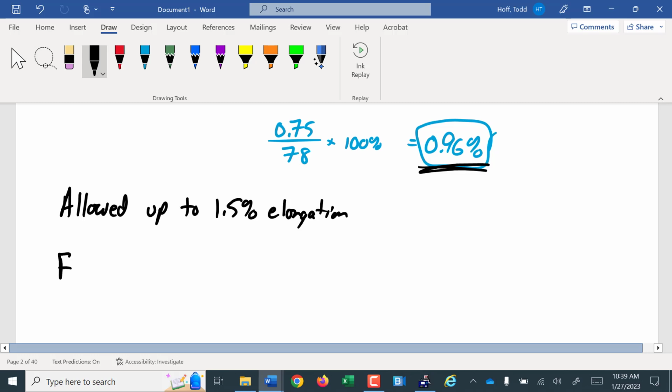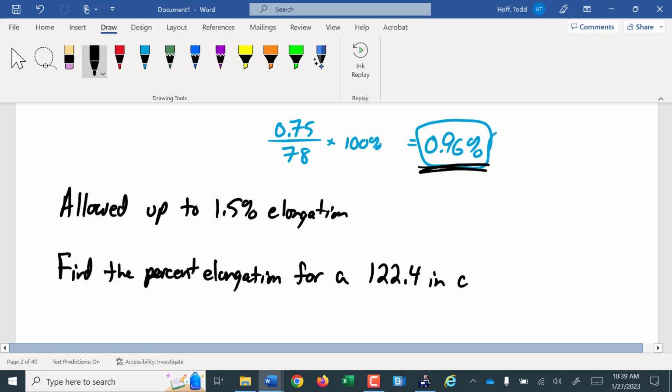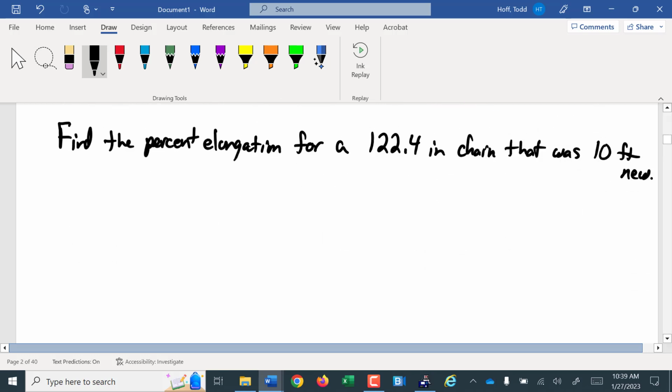I'm going to have you guys just quickly find the percent elongation for a 122.4 inch chain that was 10 feet new. Now I threw a little bit of a curveball in there. 10 feet new would be how many inches? Okay, good.